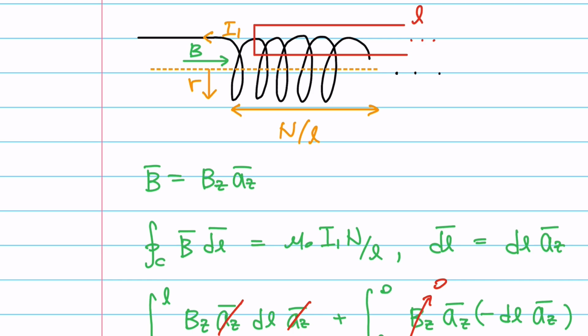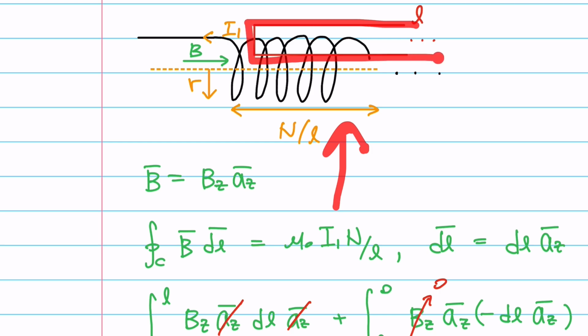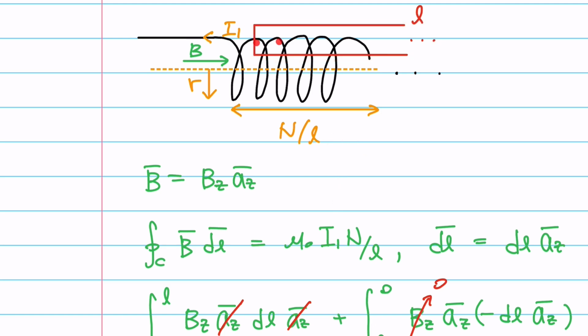In our case, if you look at this picture, the loop is enclosing a bunch of coils, and the surface area of this loop is going to be punctured by the number of turns going through this imaginary loop.